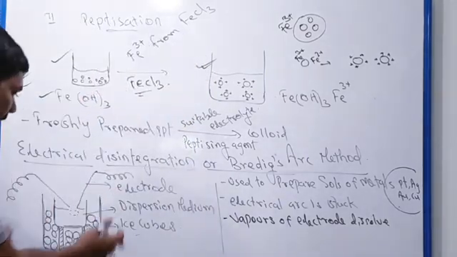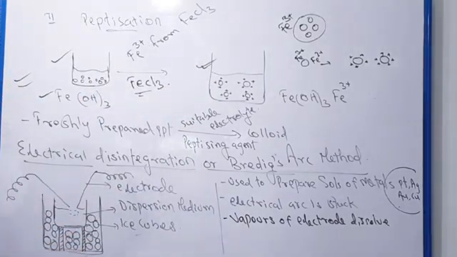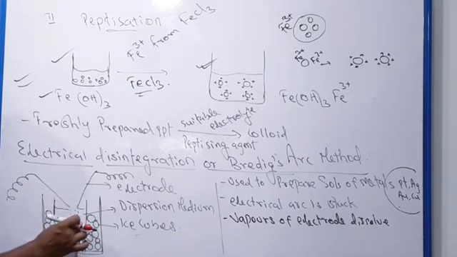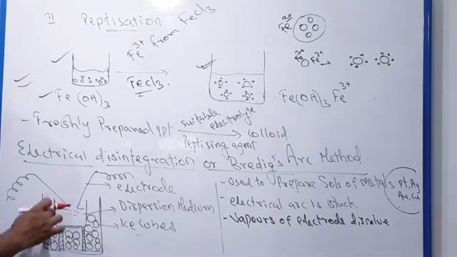Okay, this is the apparatus arrangement to produce this type of colloid. There is one container, and inside this container there is another container. This other container is kept on ice cubes.